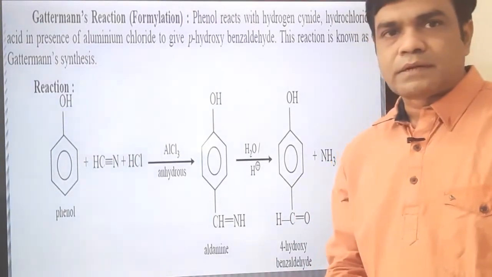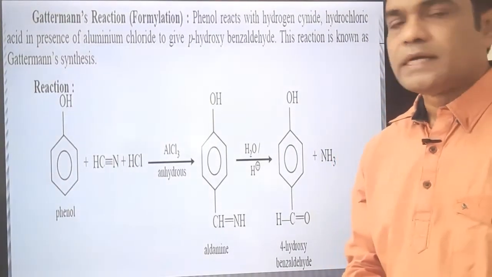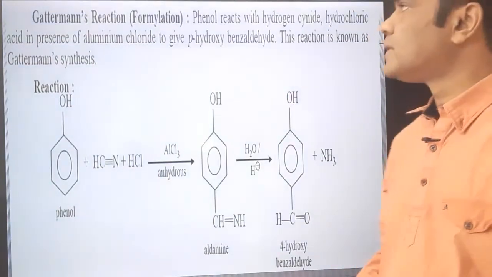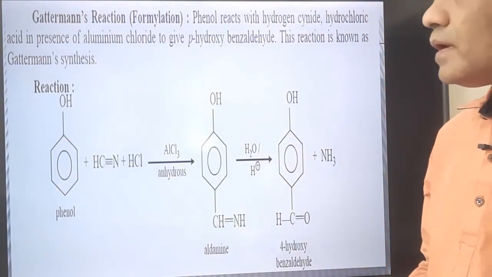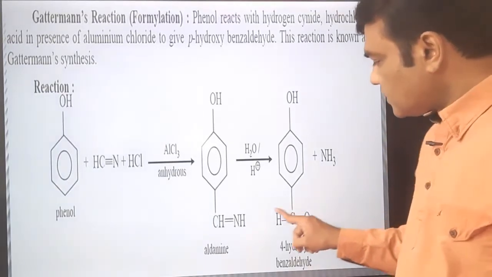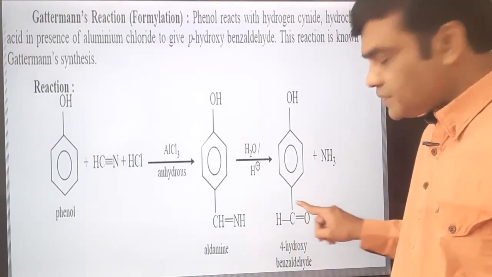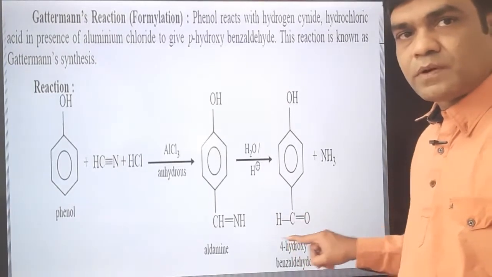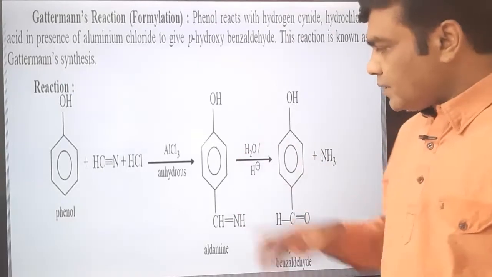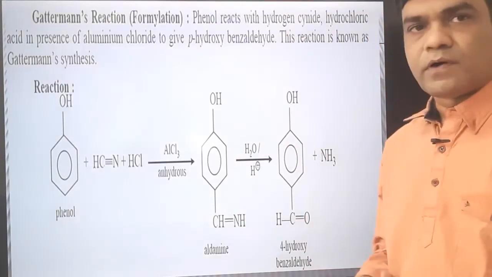In today's lecture we are going to discuss the Gattermann reaction, which is also called the Gattermann formylation reaction. What is meant by formylation? Insertion of the aldehyde group, which is also called a formyl group, on the aromatic ring is called a formylation reaction.